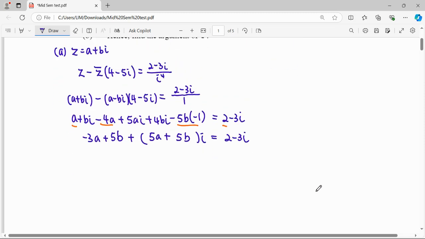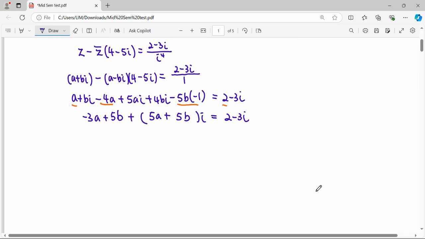Then we start to compare to build up two equations so that we can find the unknowns a and b. Real part, negative 3a plus 5b equals 2. Imaginary part, 5a plus 5b equals negative 3. Then we do the elimination method.